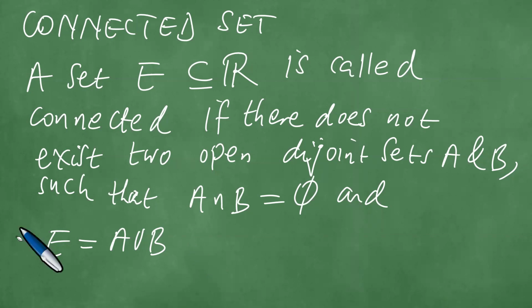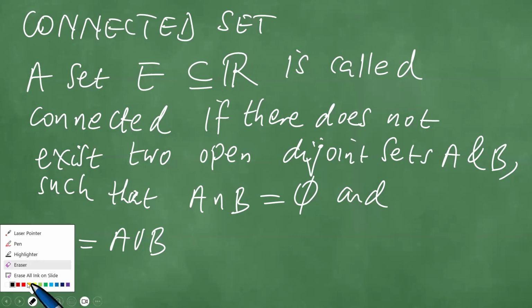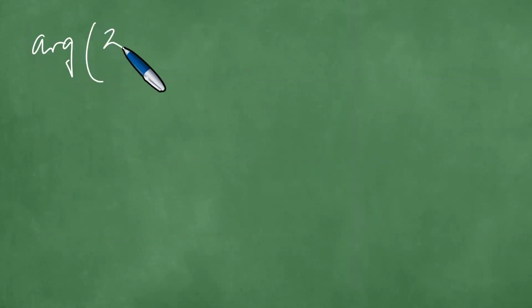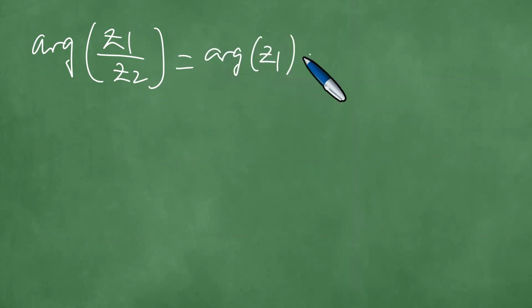The argument function. We note, therefore, that, for example, the argument of a complex number z1 divided by z2 is the same as the argument of z1 minus the argument of z2.